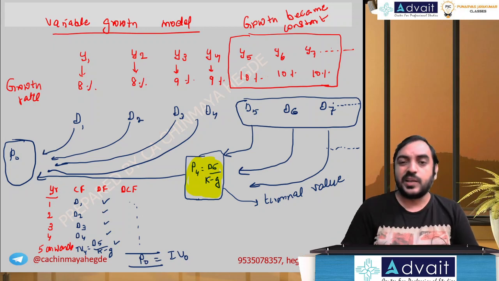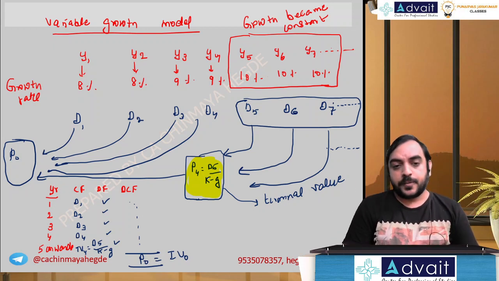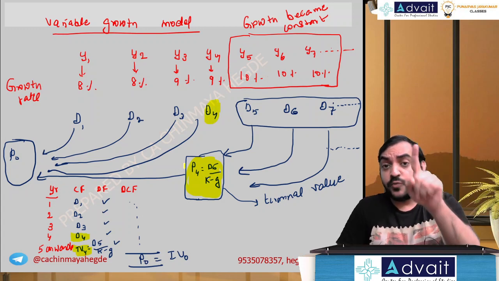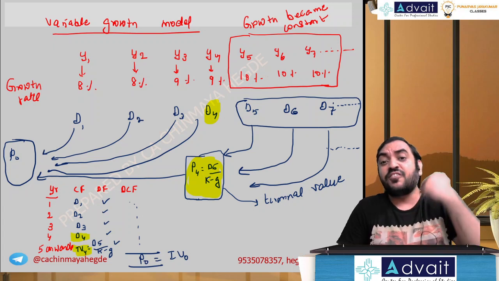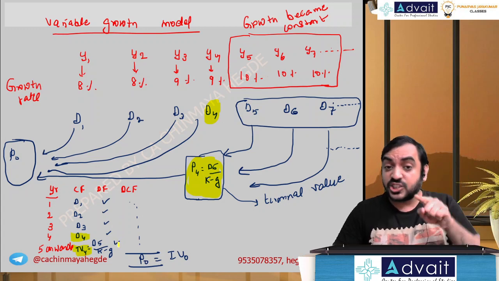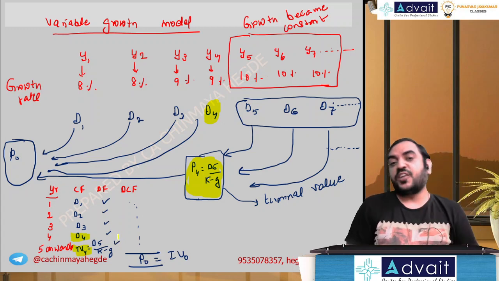One small point: the last year's D4 and TV4 will have the same cash flow timing. D4 and P4 are at the same point in time. Some people will write the discounting factor of year 1, year 2, year 3, year 4, year 5. No, for the last one also use the discounting factor of year 4.